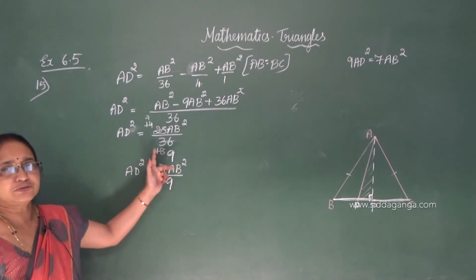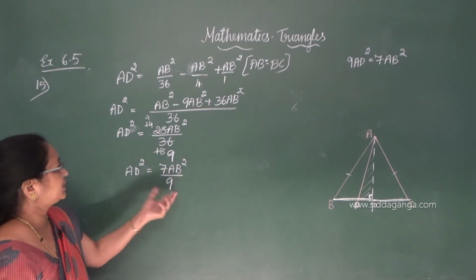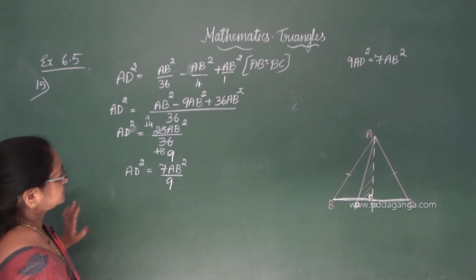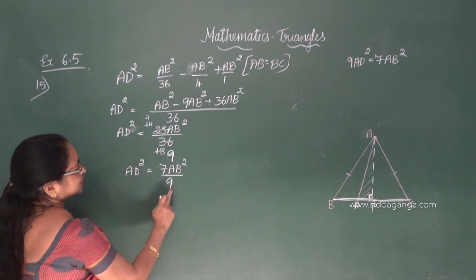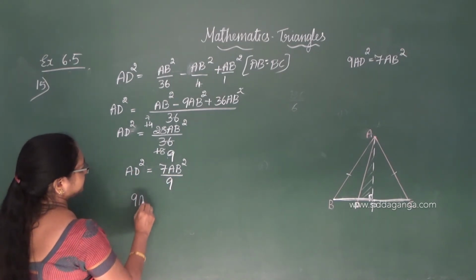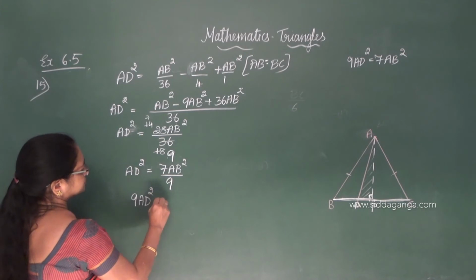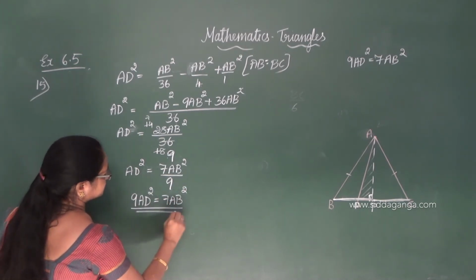I hope you understood. If you simplify 28 by 36, you will get 7 by 9. Clear? Now, cross multiply. See, hence proved.